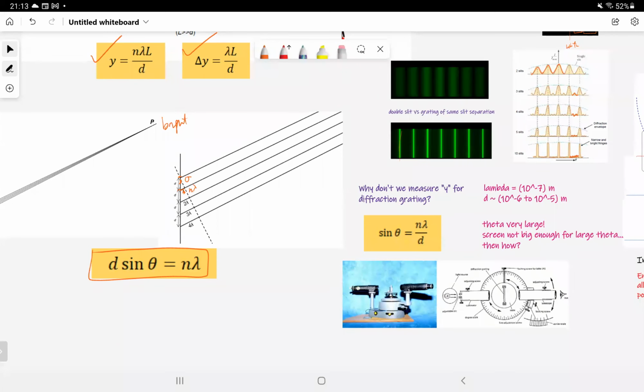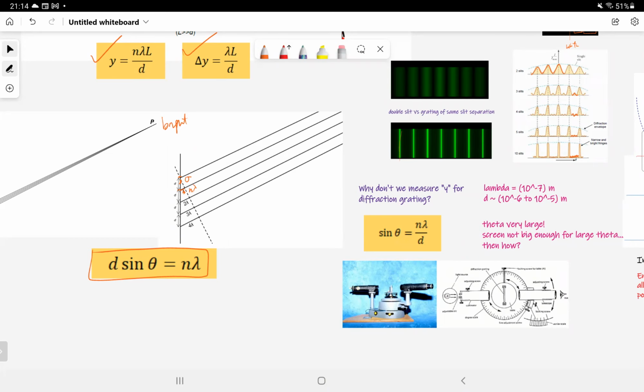It could be a piece of cloth with a two-dimensional mesh. You've seen those kinds of questions before, right? So why is it that we can use the double slit equation, y equals n lambda L over d? It's because the d for those meshes of cloth, fabric, is large. It's not a commercial laser-cut diffraction grating where the d is very small.